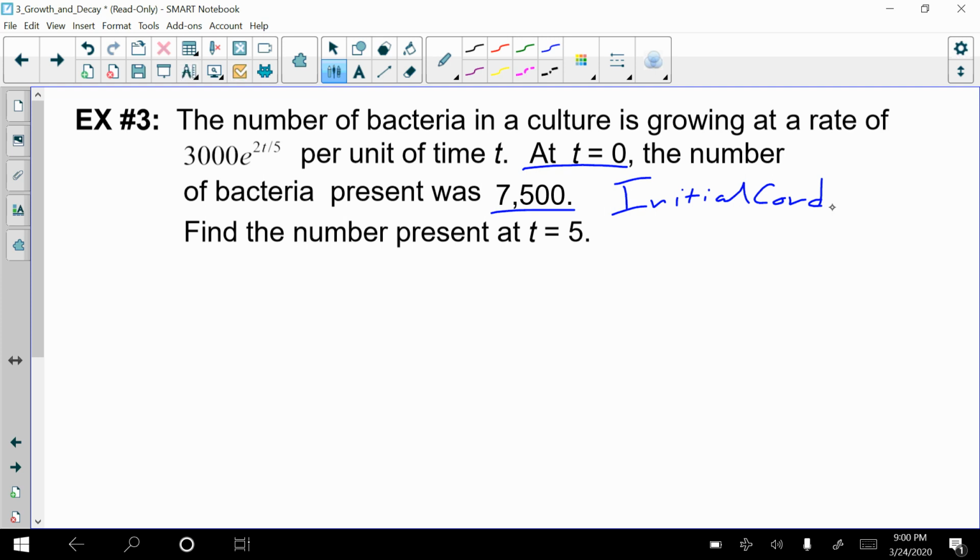So what I'm going to do is, instead of saying y is equal to, I'm going to put y to be equal to B of t, where I'm going to say bacteria over some amount of time. So our standard equation that we're working with for growth and decay, B of t will be equal to c times e to the kt power once again.